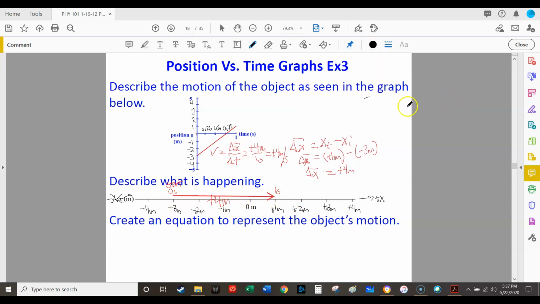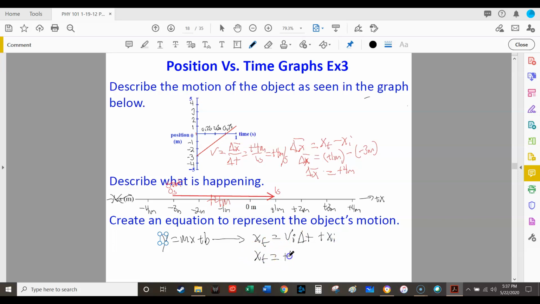Well, let's make a predictive equation out of this. Again, I'm going to do y equals mx plus b, but in this case we're predicting final position. The slope is going to be velocity, times delta t, plus the initial position, x initial. So we're predicting the final position.